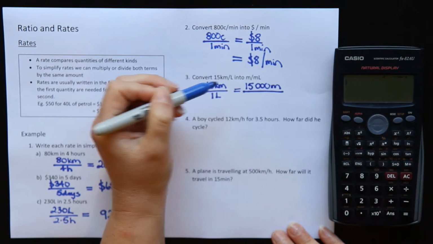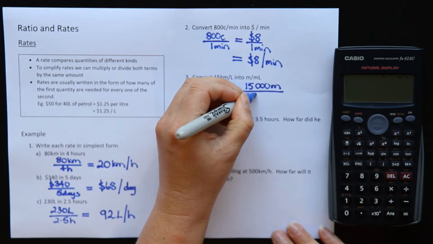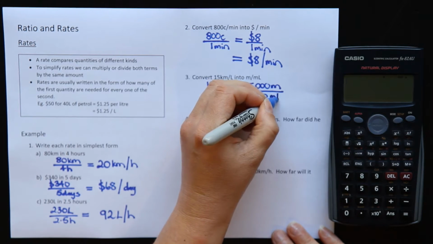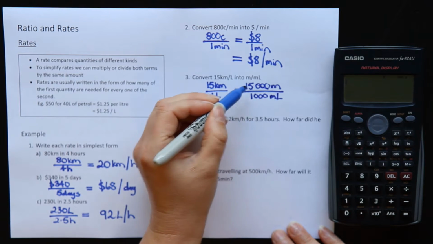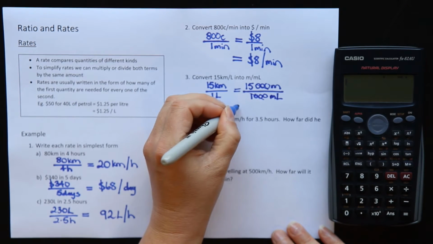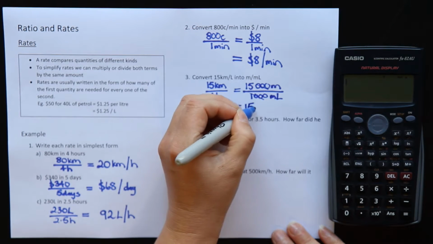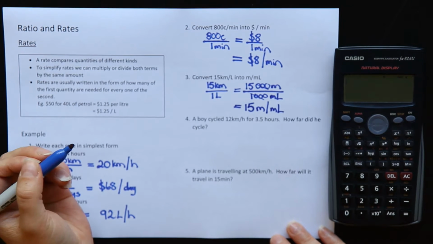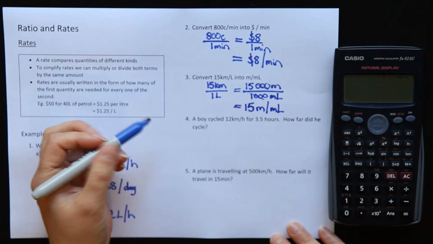There are also 1,000 millilitres in a litre, so I would times that by 1,000 to get 1,000 millilitres. And if we divide those, it just so happens that the 1,000 cancels away again and we are back to 15 metres per millilitre.